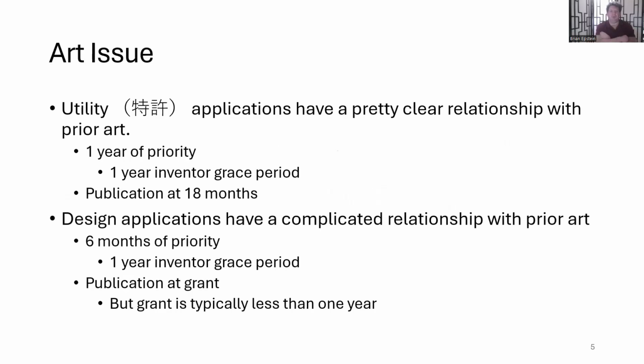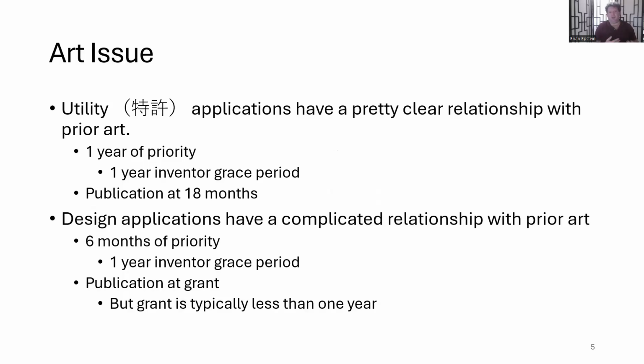Utility applications have a pretty clear relationship with prior art. Okay. They've got 1 year of priority that can be claimed. There is a 1 year inventor grace period, and publication typically occurs at 18 months. On the other hand, design applications have a complicated relationship with prior art.